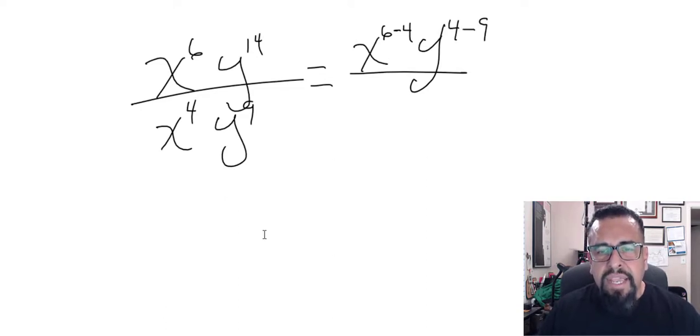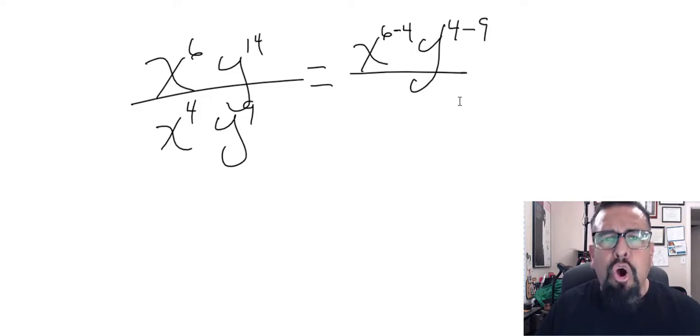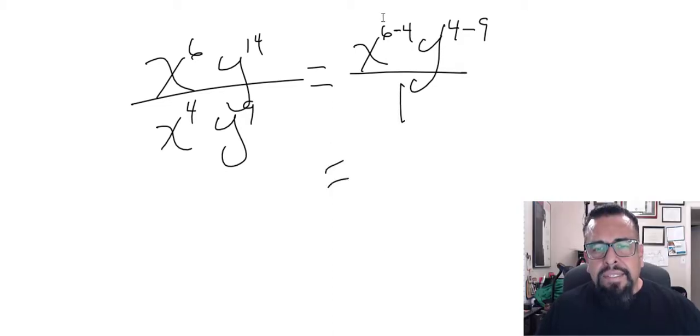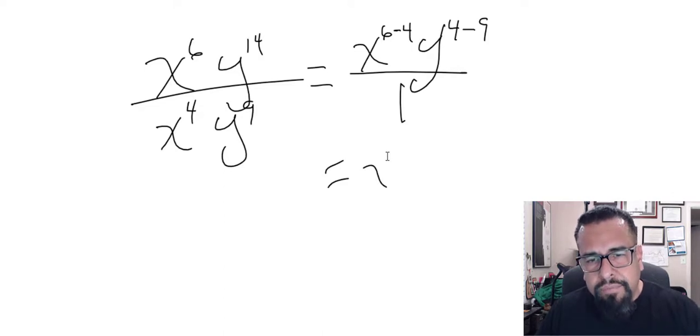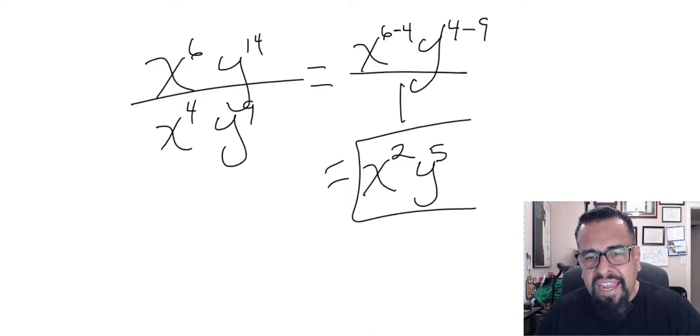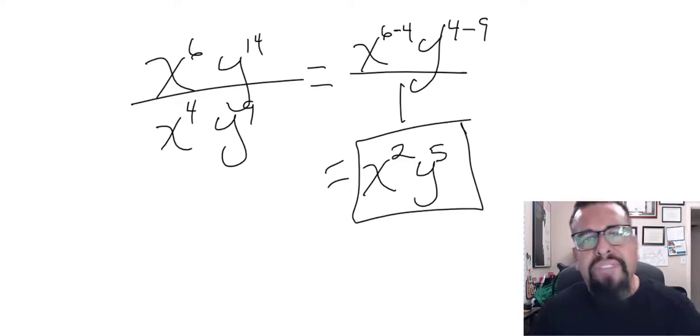So what's left at the bottom? No, not a 0. I know you didn't say that, right? It's a 1. All right, so what do we have left here? 6 minus 4 gives me 2. X to the power of 2. And then y to the power of 14 minus 9 gives me 5. Okay? And that, ladies and gentlemen, would be my final answer.